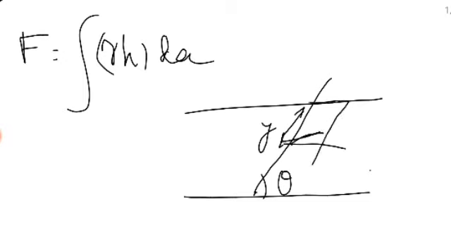Like this, if this is the cross section, this strip will be dy times b if rectangular, or otherwise we may say some area dA.